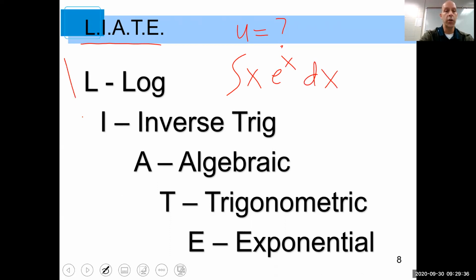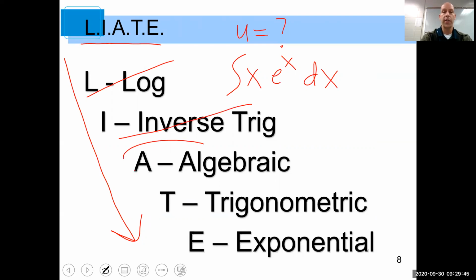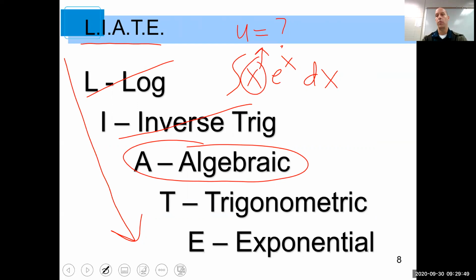So what you want to do is start going down this list and ask which one of these comes first. Well, there's no log, so we're not going to do that. There's no inverse trig. But there's algebraic. That's what I let u be. Notice that exponential is down way at the bottom. So you usually don't let u be the exponential unless it's the first thing you've got that is in the list. So anyways, LIATE can be very helpful to help you pick your u.